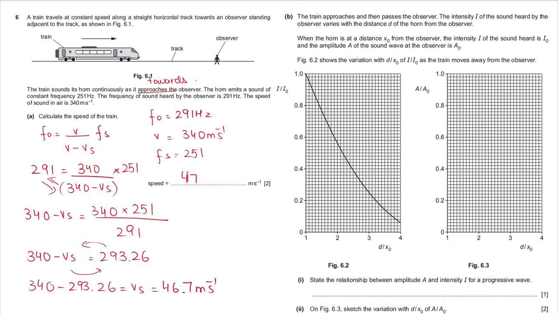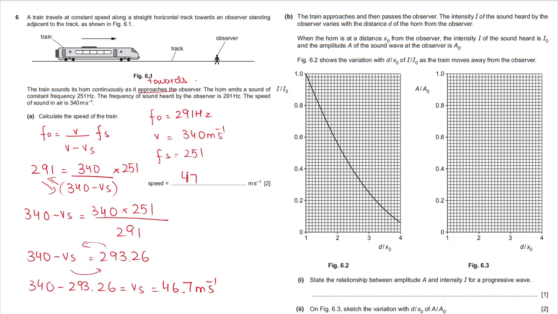When the horn is at a distance x naught from the observer, the intensity I of the sound heard is I naught and the amplitude A of the sound wave at the observer is A naught. Okay? Figure 6.2 shows the variation with d over x naught of I over I naught as the train moves away from the observer.